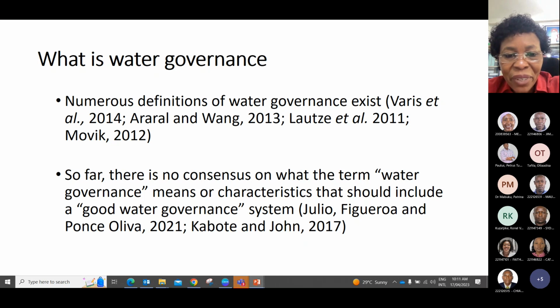People define it differently, but there are still certain common aspects to the definition. But so far, literature informs us that there is no universally agreed definition of water governance. Next, please.